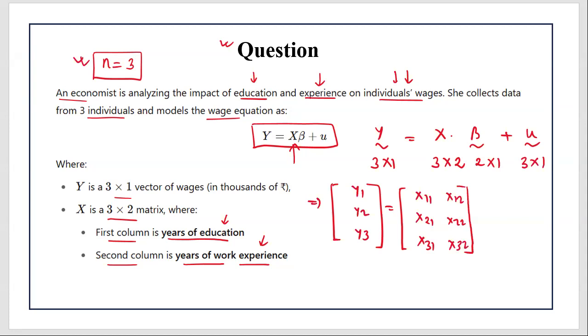So design matrix looks like this. Into the parameter vector, you have only two parameters, namely beta 1 and beta 2. Suppose I call the parameters beta 1 and beta 2. This is what you need to estimate, plus the error vector, which has three terms, u1, u2, u3. So this is the entire matrix representation of this thing.